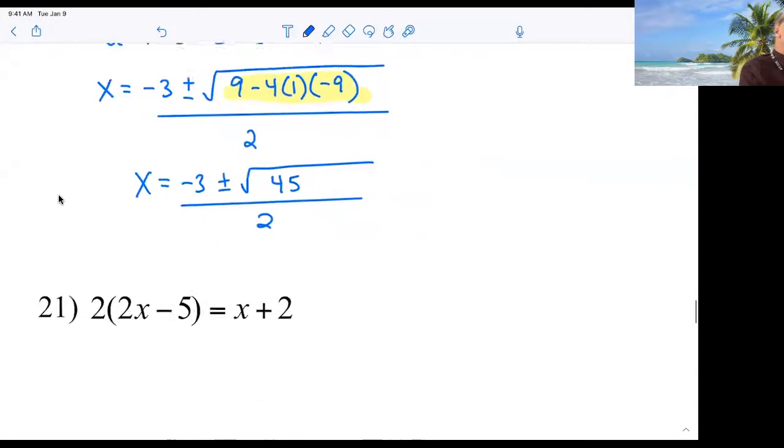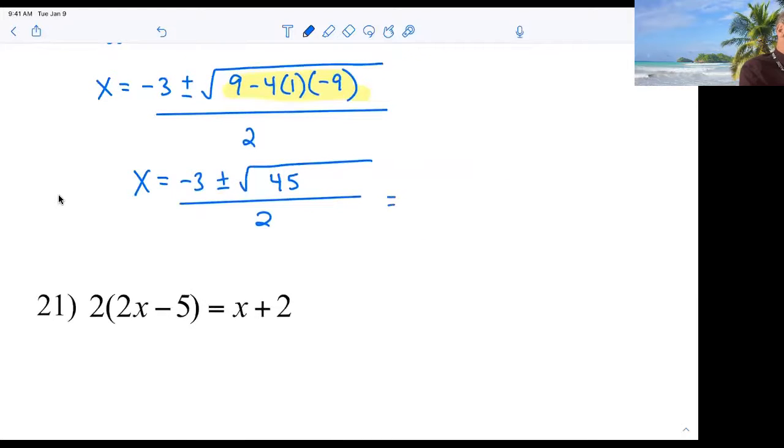Now let's break down 45. What's 45? 3 and 3 radical 5. Thank you. Negative 3 plus or minus 3 radical 5, all over 2. That's your answer.